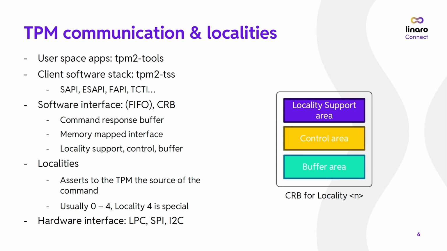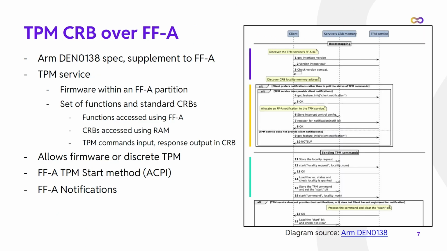This is where the TPM command structure will go into. And then again use the TPM start method to start the service. It will process the command, send it to the TPM backend, write back the results, and then return to the client.